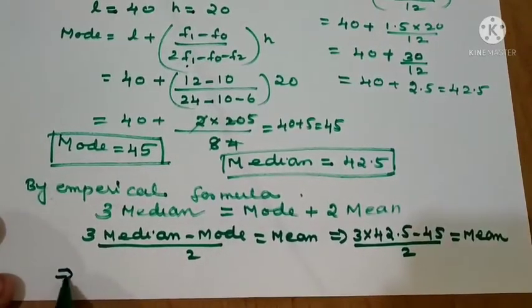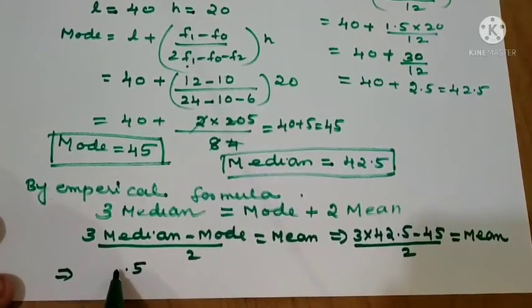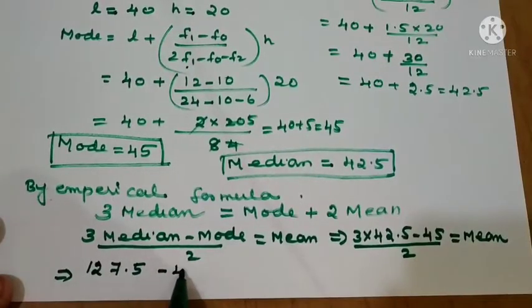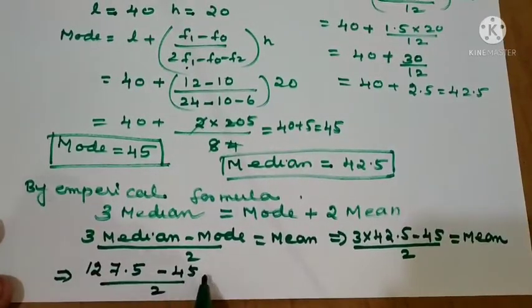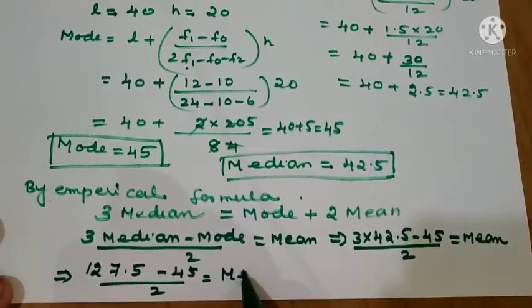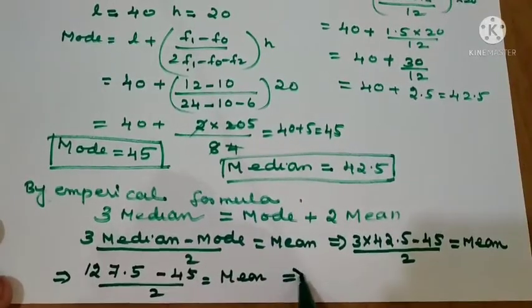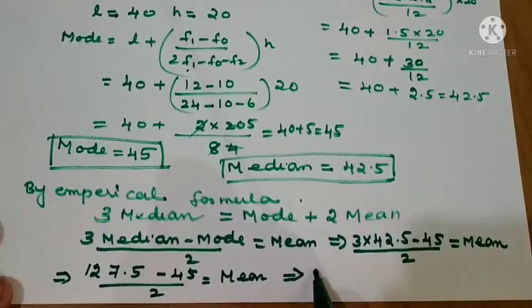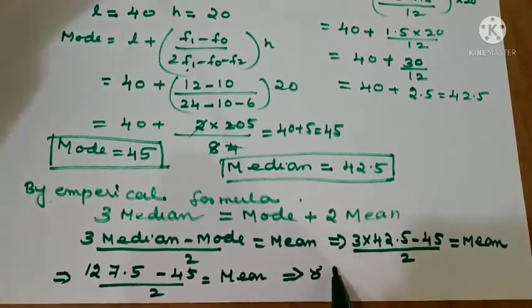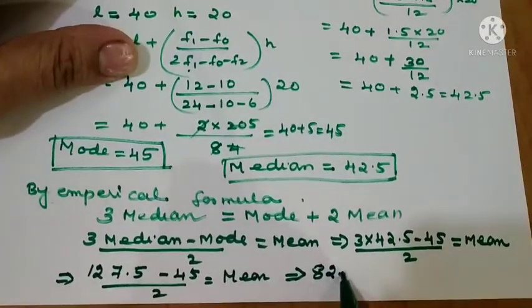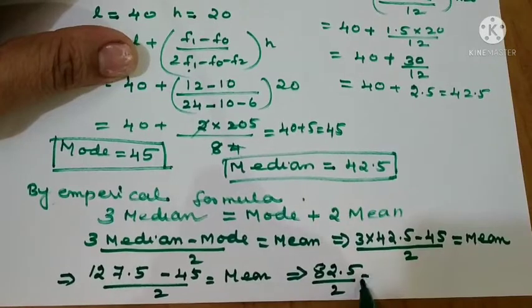Implies 127.5 minus 45 divided by 2 equal to mean, 82.5 by 2 equal to mean.